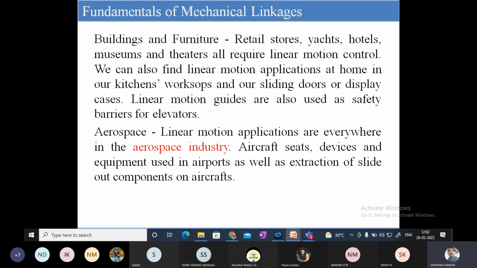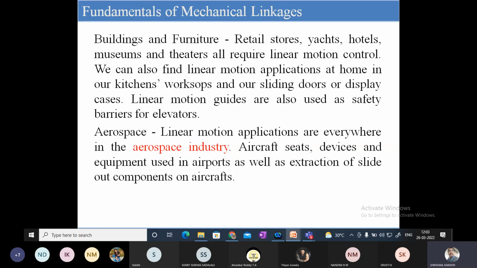The next one is in buildings, furniture and retail stores. If you go to very big stores, they stack their items in a vertical way, maybe more than 10 to 20 feet in height. If you go to Metro, you can find linear mechanisms there.